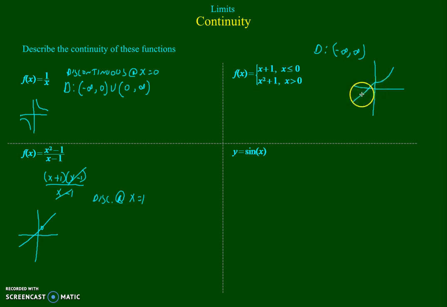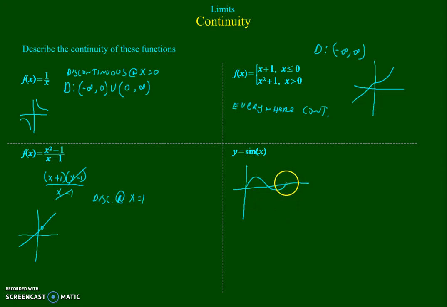We can take the limit of this function at every point in that domain, and the limit does exist, and the limit at any point in this interval is f of that c value. So this does meet the criteria for continuity. So we'd say this function is everywhere continuous.